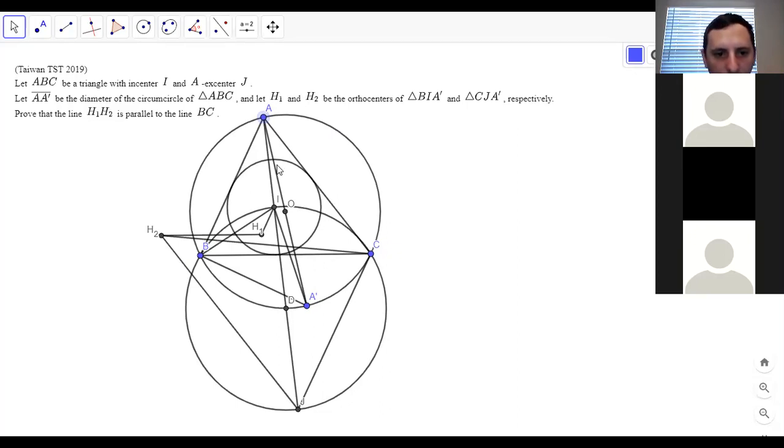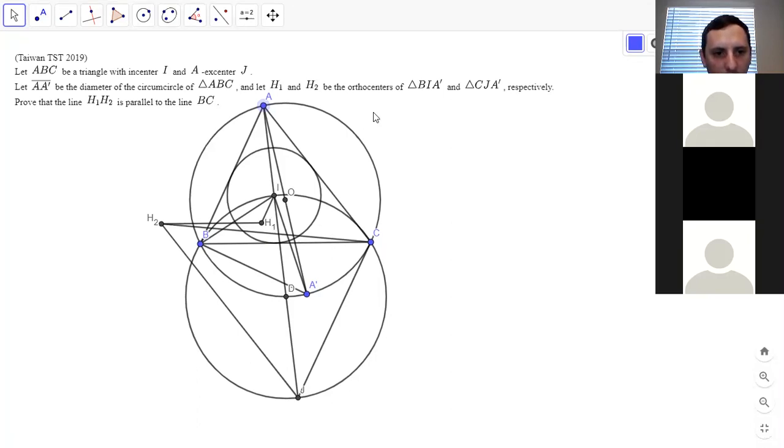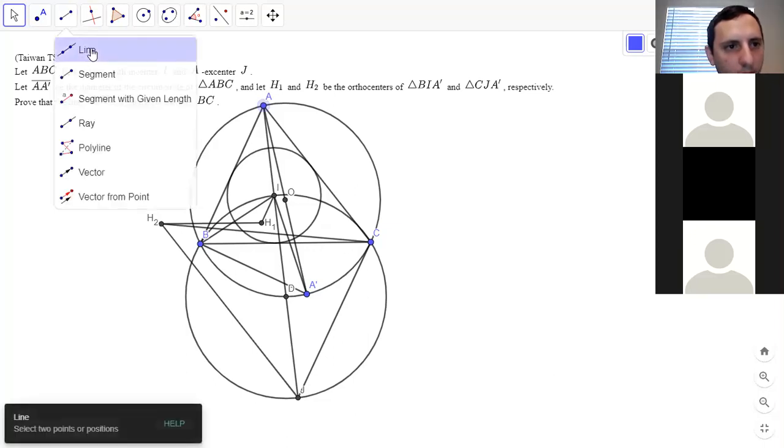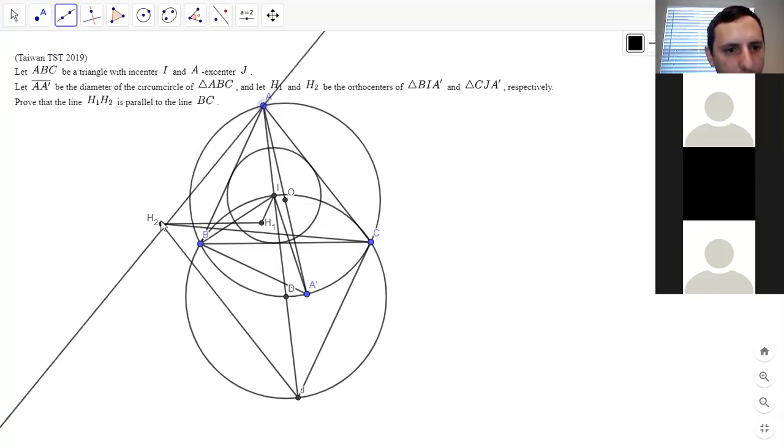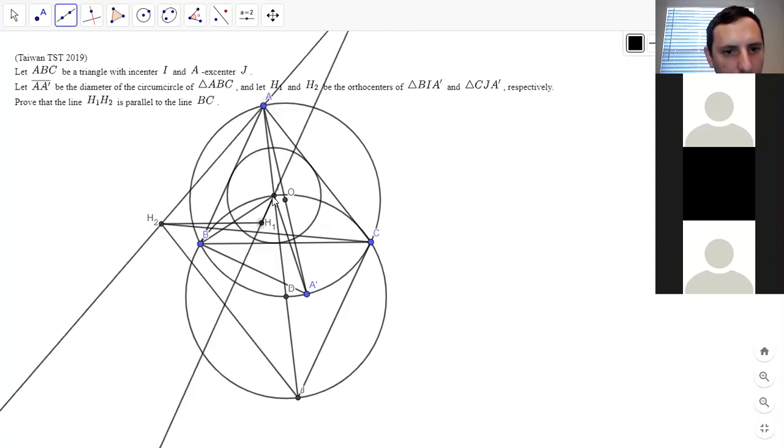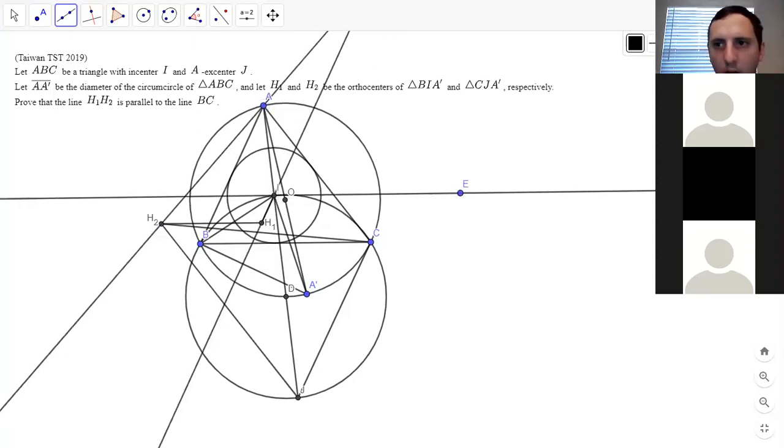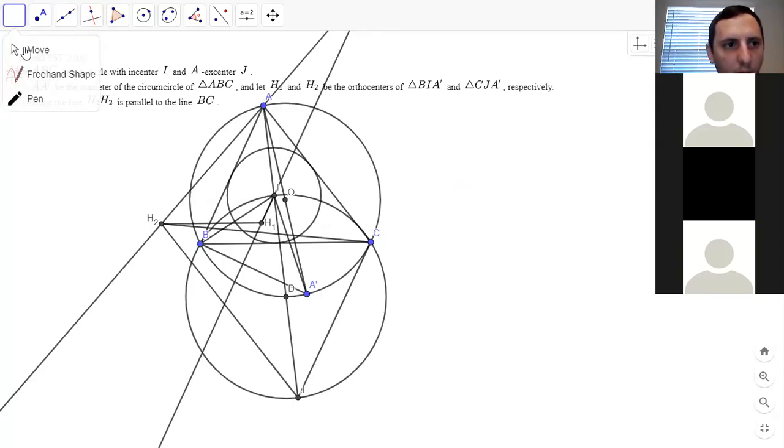IH1 is parallel to AB. Interesting. So wait, IH1 is parallel to AB. You intersect IH1 with JH2.